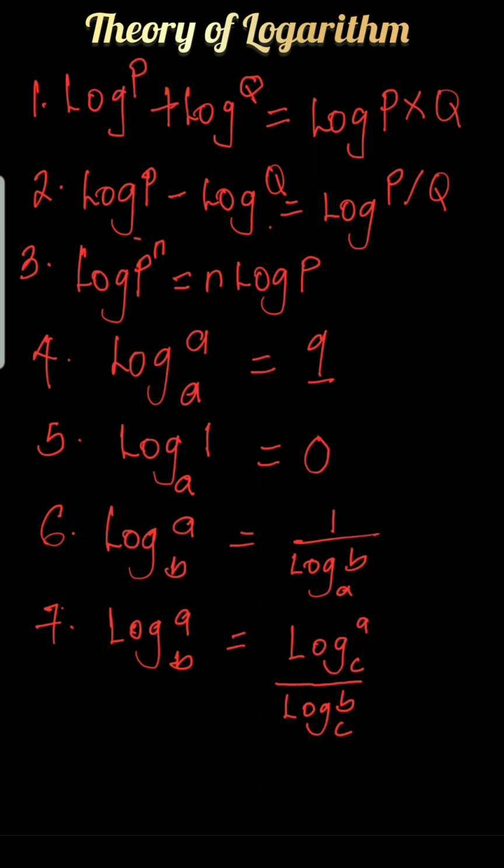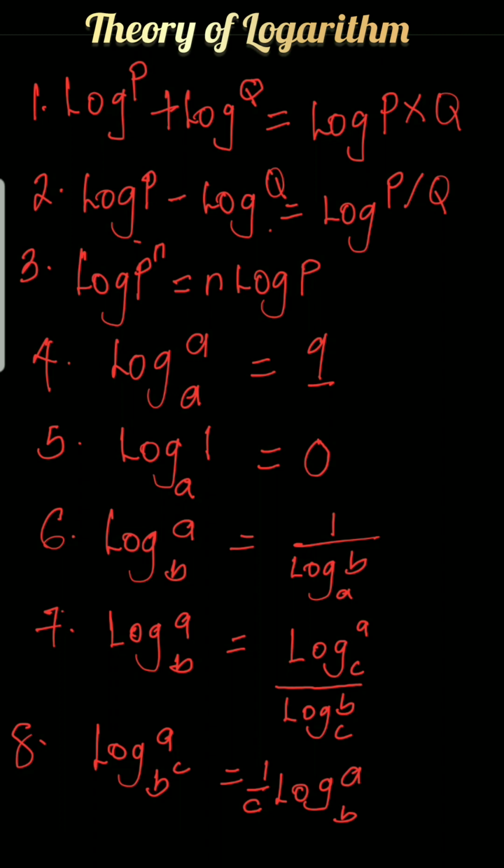Like you're bringing a base from outside, and so it becomes the logarithm of the number in the new base divided by the logarithm of the old base over the new base. For instance, you have something like, let's say, log 3 base 2, then this can be expressed as log 3 base 10 over log 2 base 10.